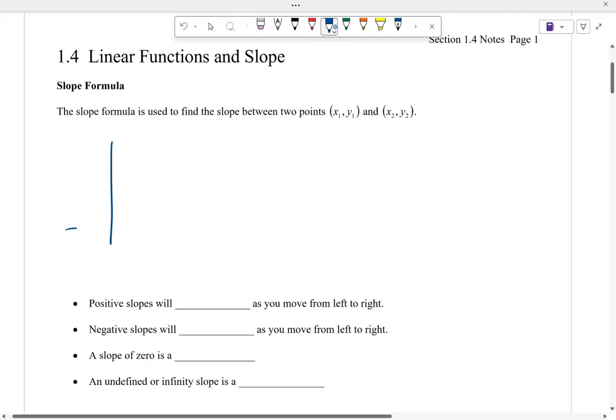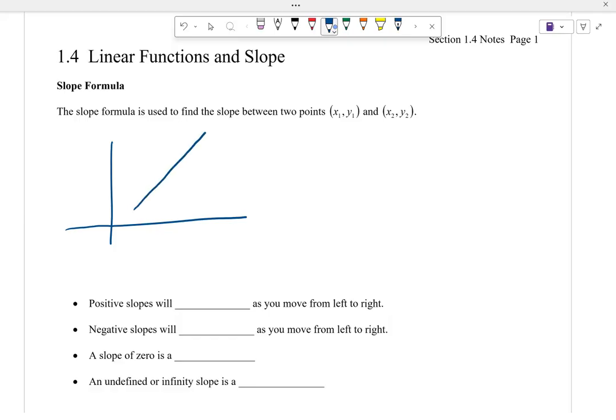But the way you measure that is, let's take a line that goes from x1, y1 up until, let's cut it off here at x2, y2, and let's see how steep that is.